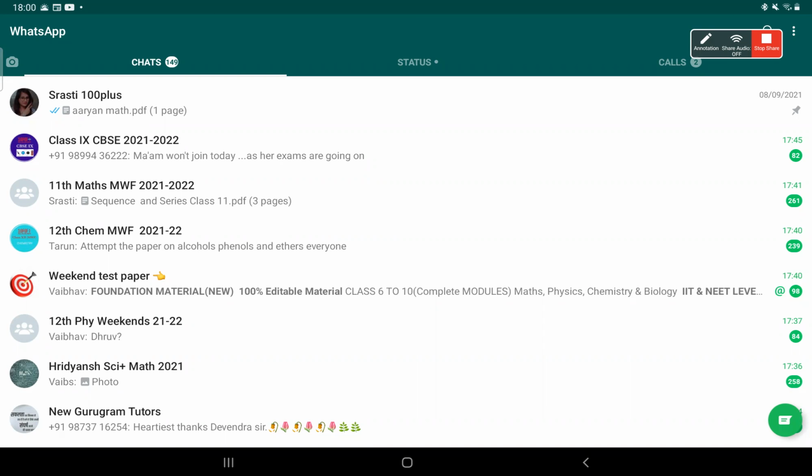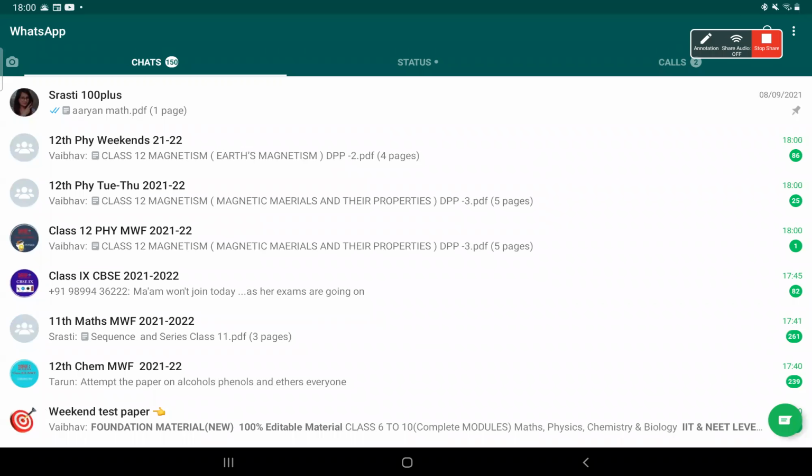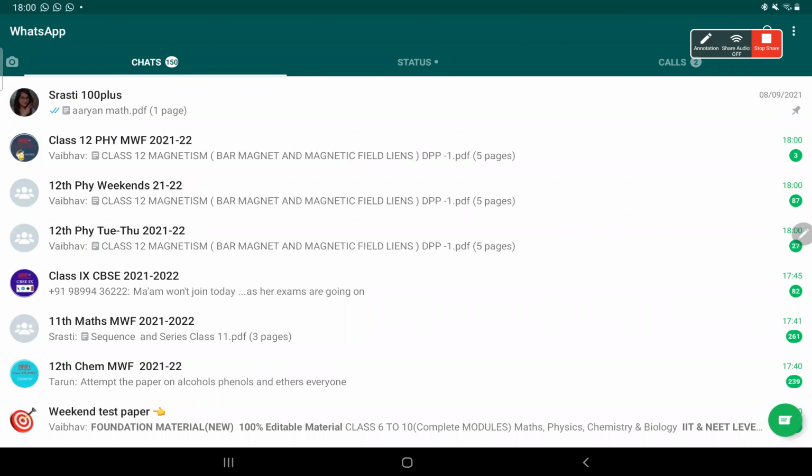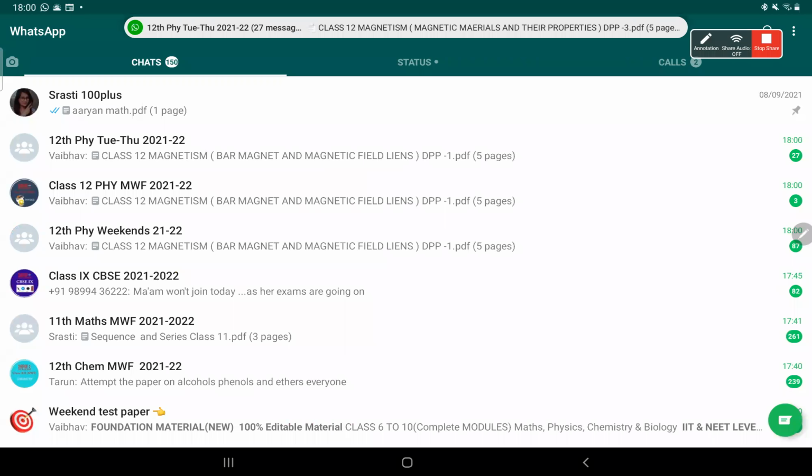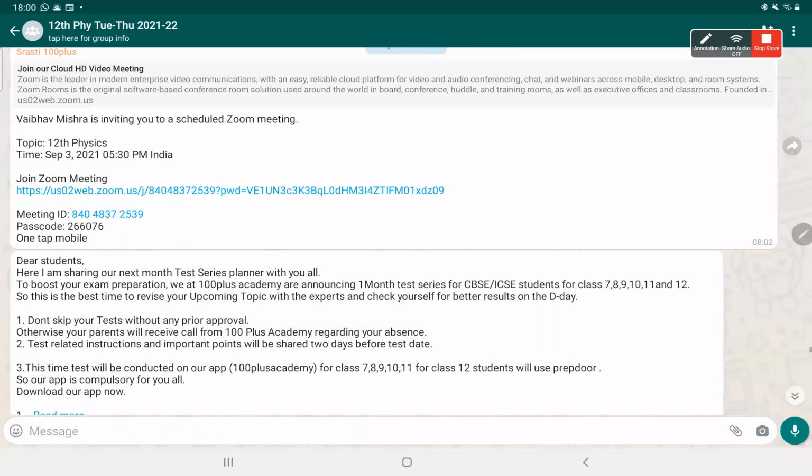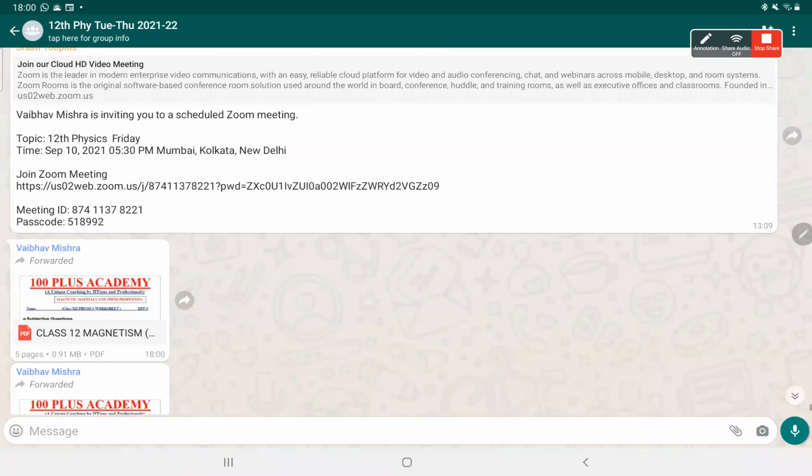I have just shared these three worksheets in the group. We'll be doing some questions from here, on bar magnet and magnetic field lines.